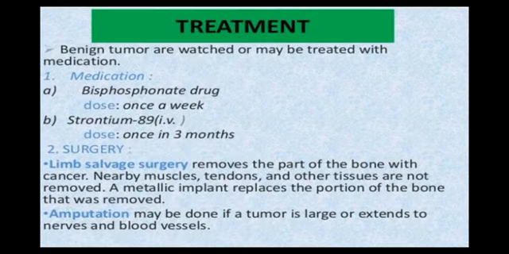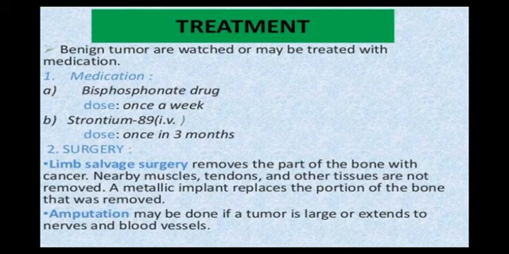Treatment. Benign tumor are watched and may be treated with medication. So medication involves our bisphosphonate drug, dose once in a week, strontium 89 dose once in 3 months. Surgery. Limb salvage surgery removes the part of the bone with cancer. Nearby muscle, tendons and other tissue are not removed. A metallic implant replaces the portion of the bone that was removed.